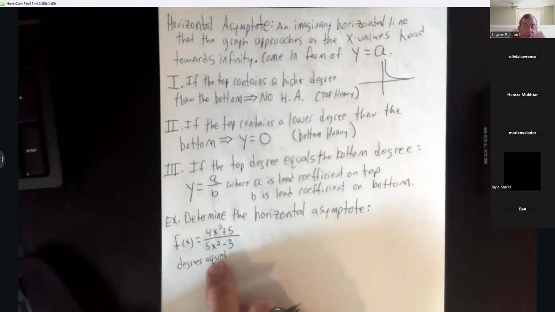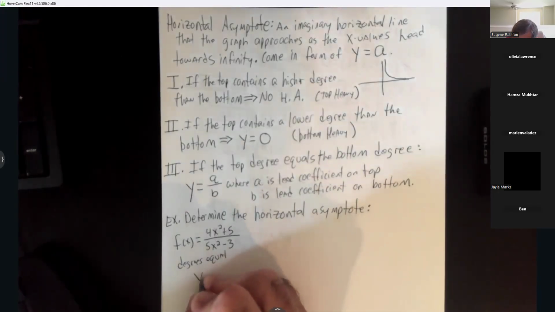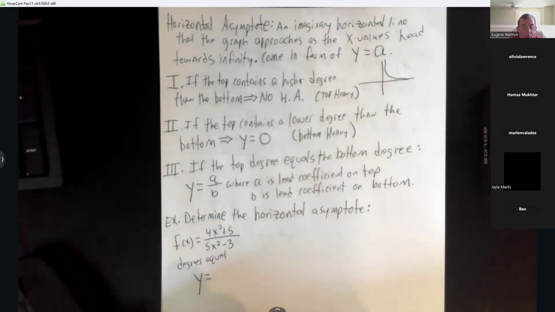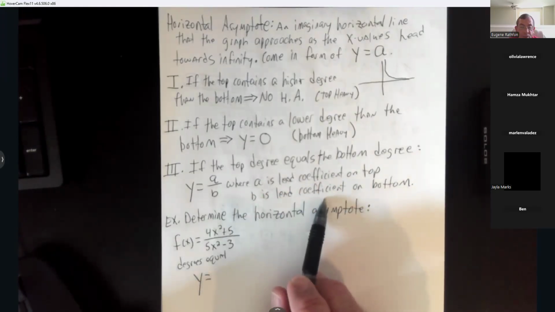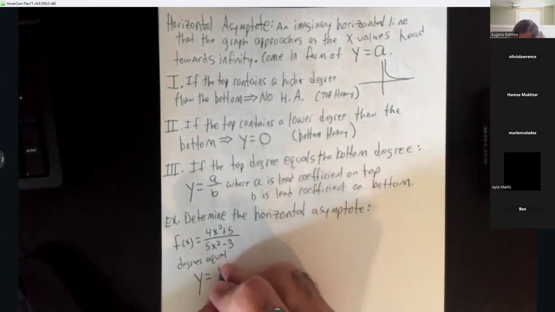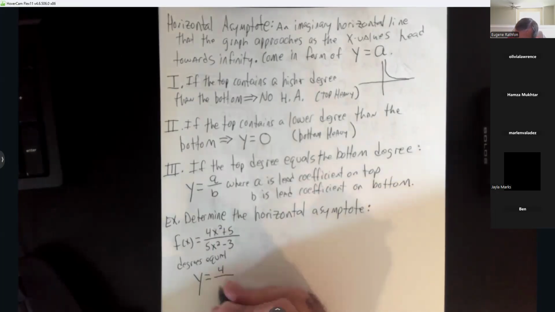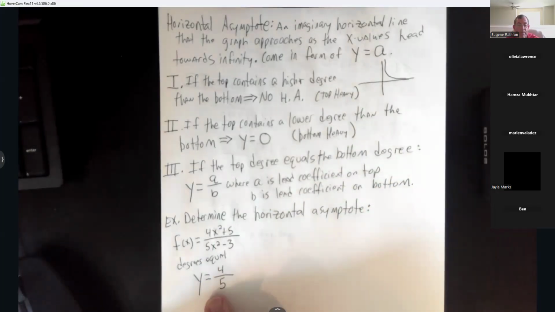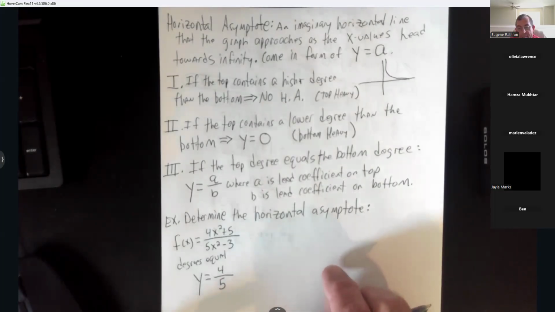So we said if the degrees are equal, then we're looking at y equals a over b. Remember, a is the lead coefficient on top, b is the lead coefficient on bottom. So the lead coefficient on top is a 4 over the lead coefficient on bottom, a 5. So as it's headed out towards infinity, it is going to try to reach that value 4 over 5.